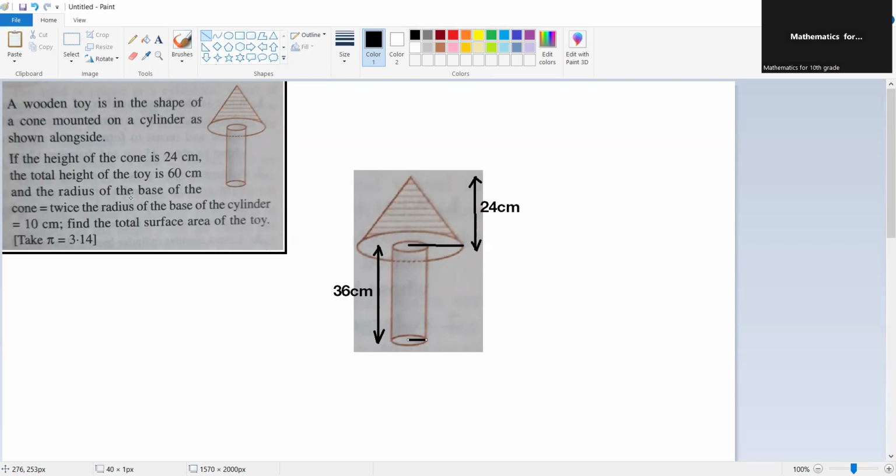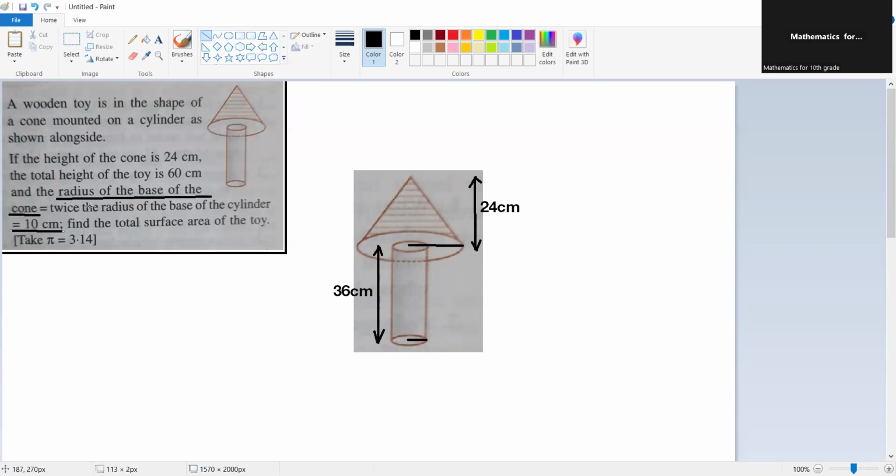So the radius of the base of the cone seems to be 10 centimeter because it is said that the radius, we need to follow the English here carefully. The radius of the base of the cone is equal to 10 centimeter.